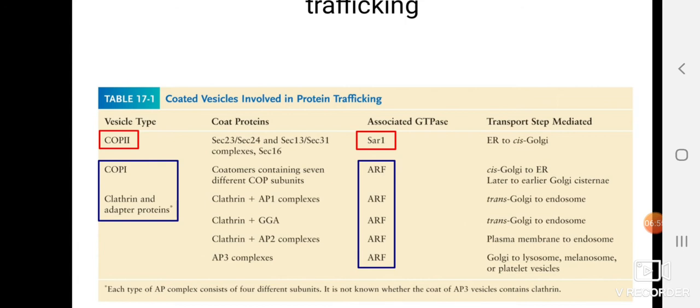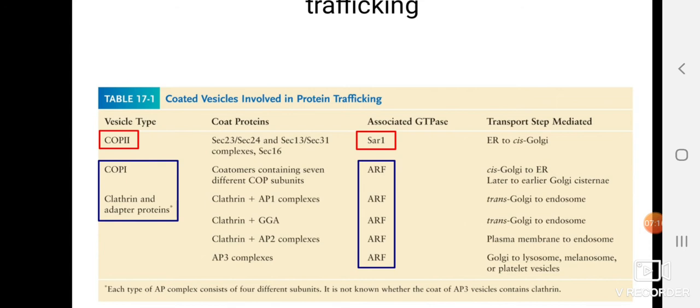COP1 is going to have the coatomers containing 7 different subunits, and ARF is going to act as a GTPase protein molecule, whereas in case of clathrin, it is a combination of the protein called clathrin and the adapter proteins.